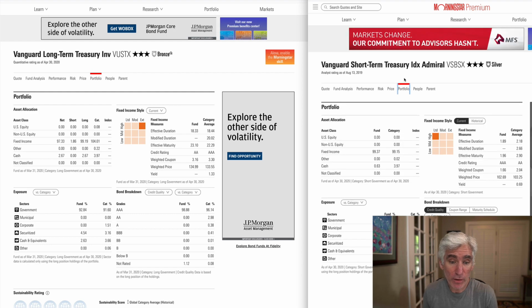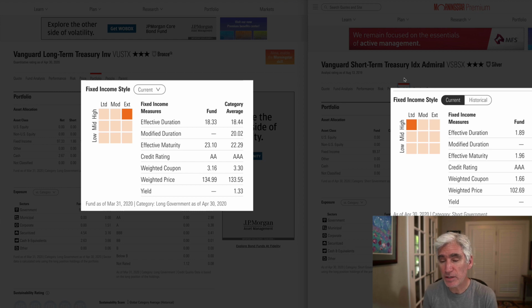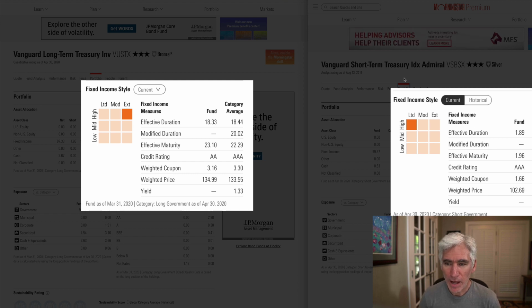Again, the top row's colored in. We'd expect that because these are both Treasury funds. They're both investing in U.S. government bonds, so we would expect the credit to be in the top row, and it is. But this is a short-term bond fund, meaning it invests in Treasuries that are shorter terms or shorter duration. We'll talk about that in a moment. And so it's the left column that's colored in as opposed to the right one.